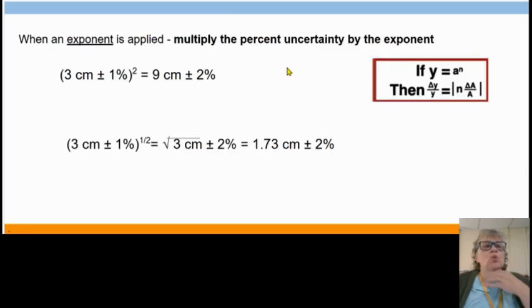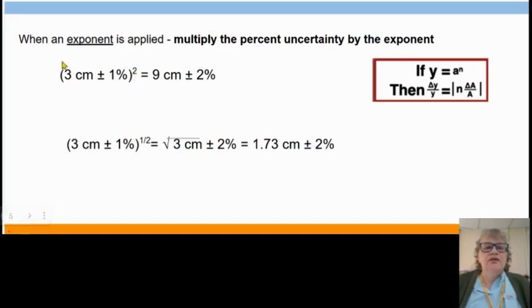Okay, when there's an exponent like a square or a square root, you're going to multiply the percent uncertainty by the exponent. So in my example here, I have 3 centimeters plus or minus 1%, and I want to square that value.